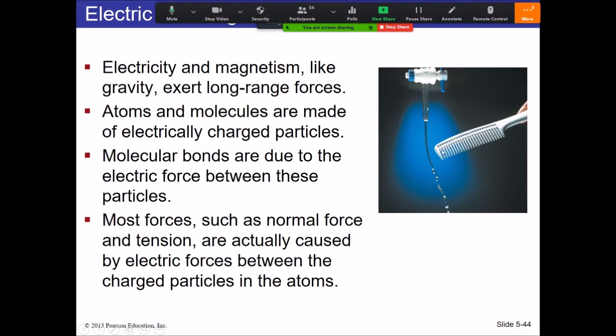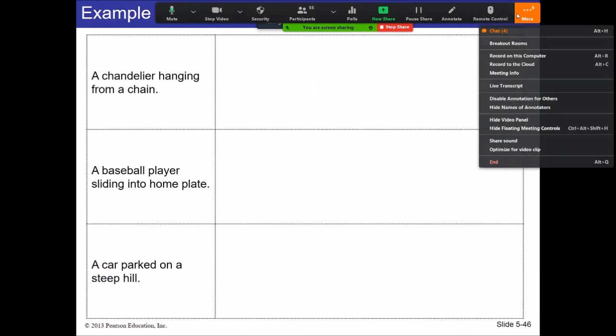And if you build up enough of that stuff, water's polar and water will deflect. But what you can't tell here is that it's a pretty thin stream. It's not easy to deflect the water, but let's do some examples.